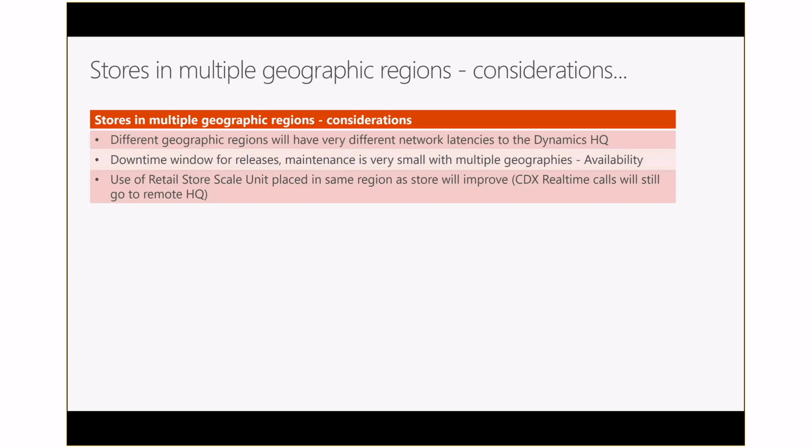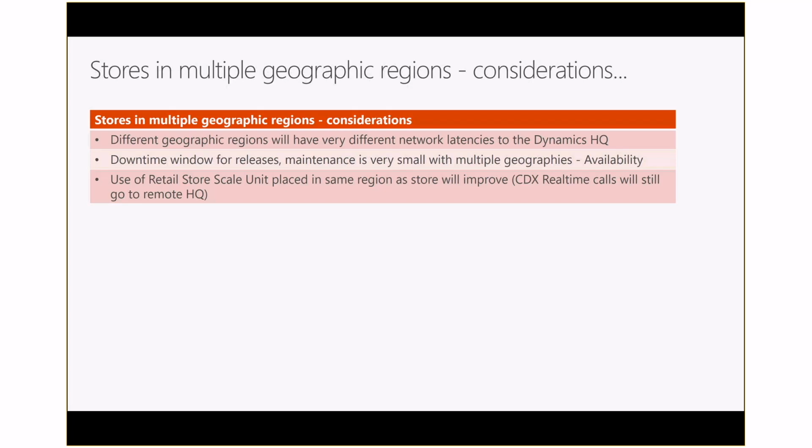That is a good example to consider the retail store scale unit. In fact, a good scenario would be to consider a scale unit either in every store or possibly only in each region, and then have multiple stores share the respective retail store scale unit. That is also a scenario.